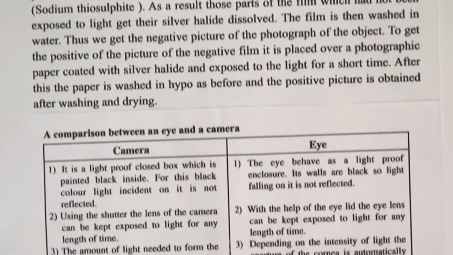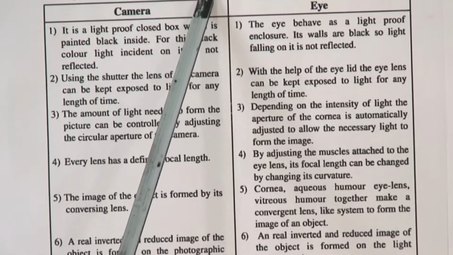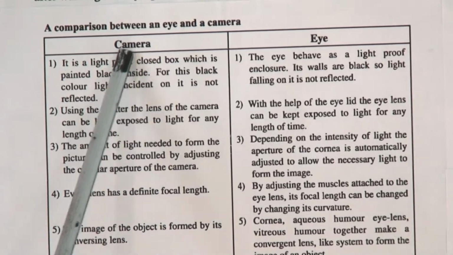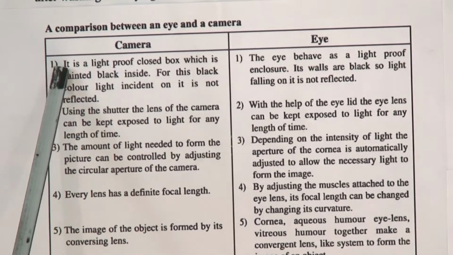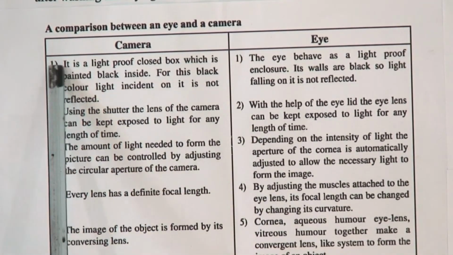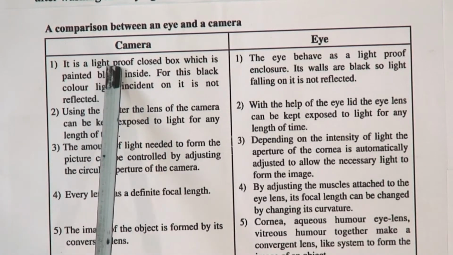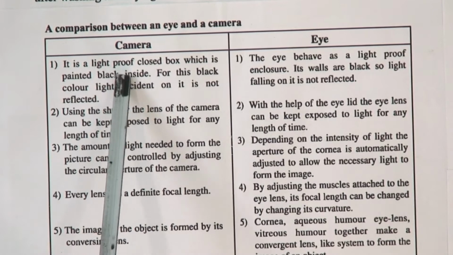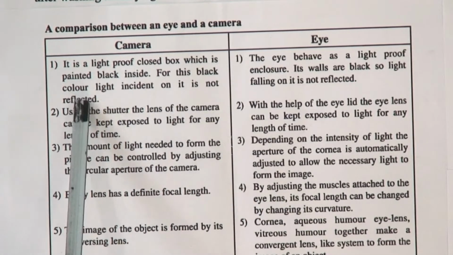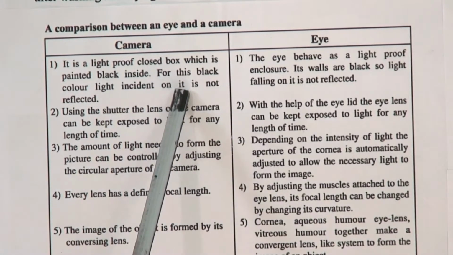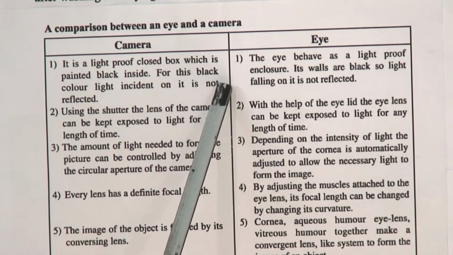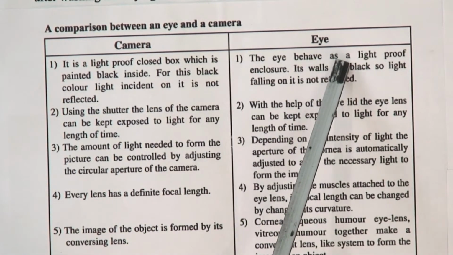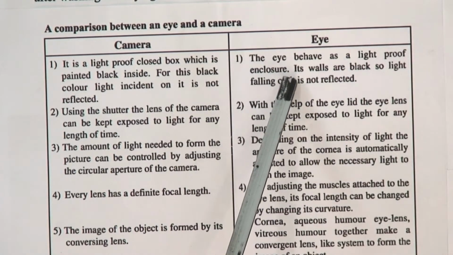Dear students, this is the comparison between the human eye and a camera. First one is the human eye. First difference: the camera is a light proof closed box which is painted black inside. For this, the black color means light incident on it is not reflected. And the eye behaves as a light proof enclosure.